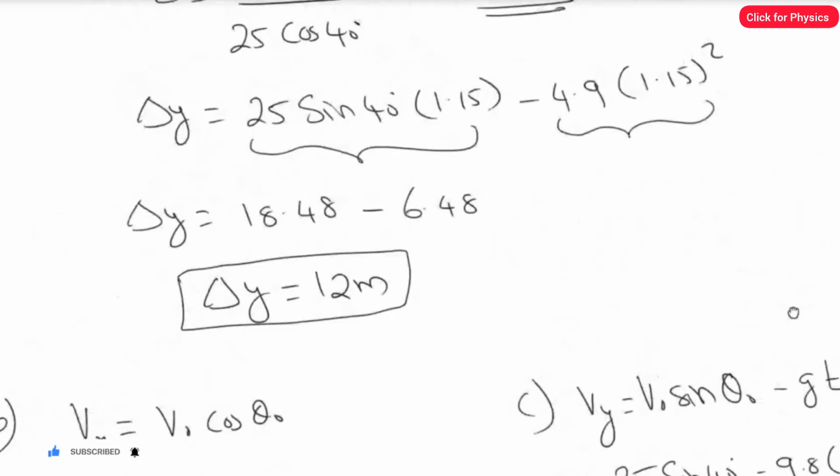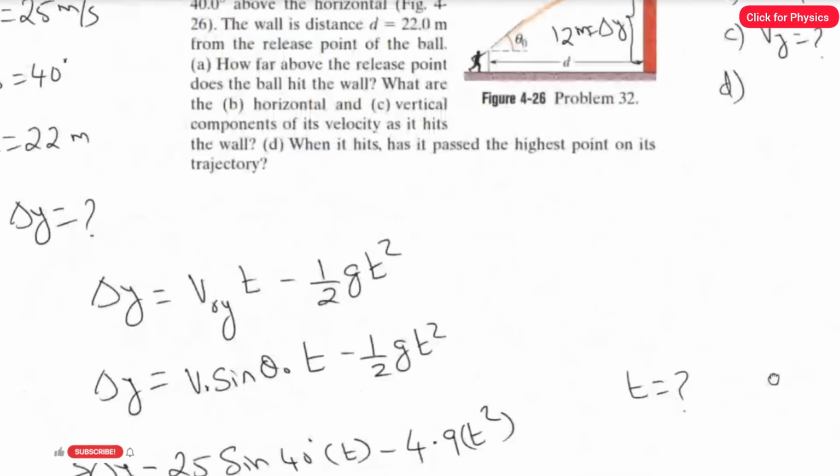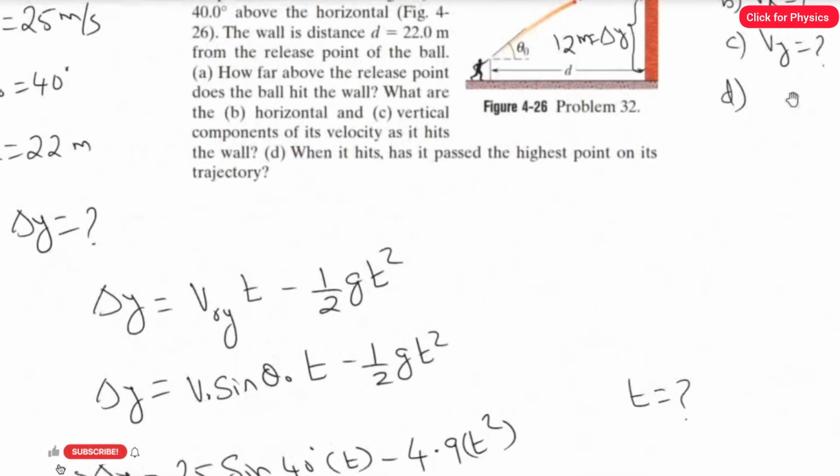Now we have to go back to part D. As I told you already, the answer for part D entirely depends on the answer we get from part C. For part C, we got the answer 4.79 meters per second. Here they ask, when it hits the wall, has it passed the highest point on its trajectory?